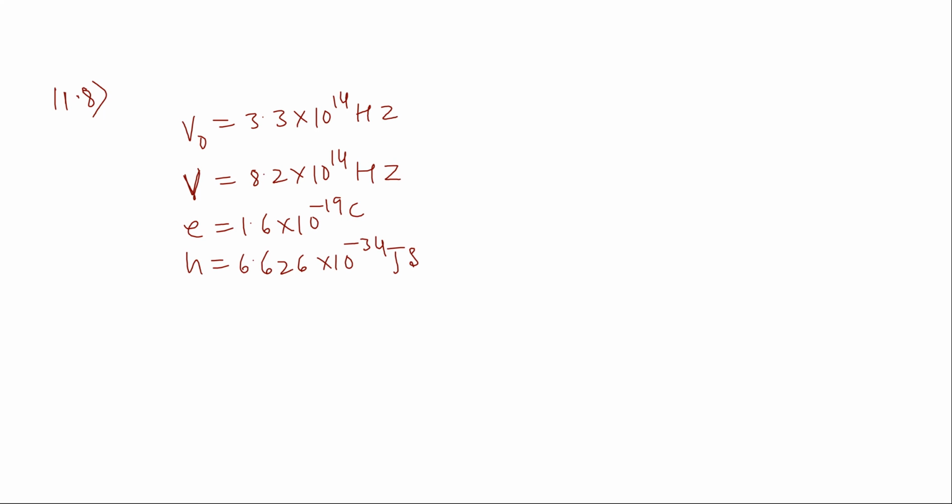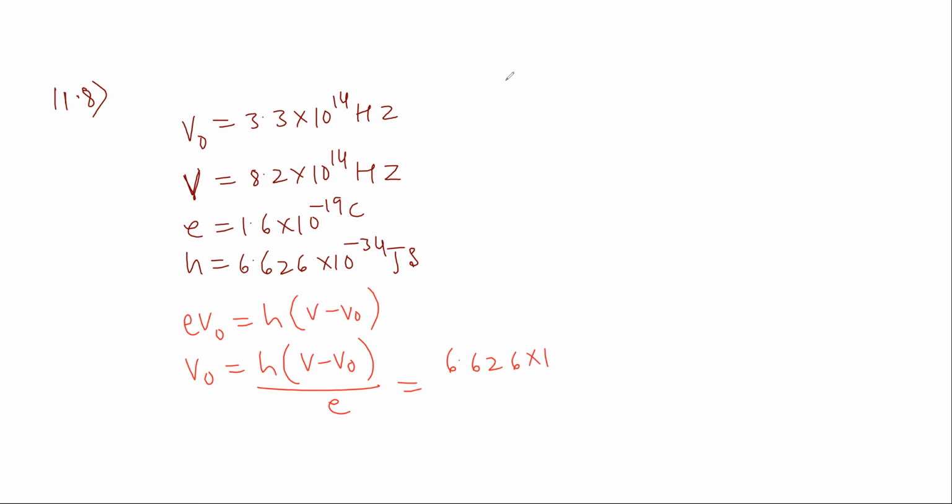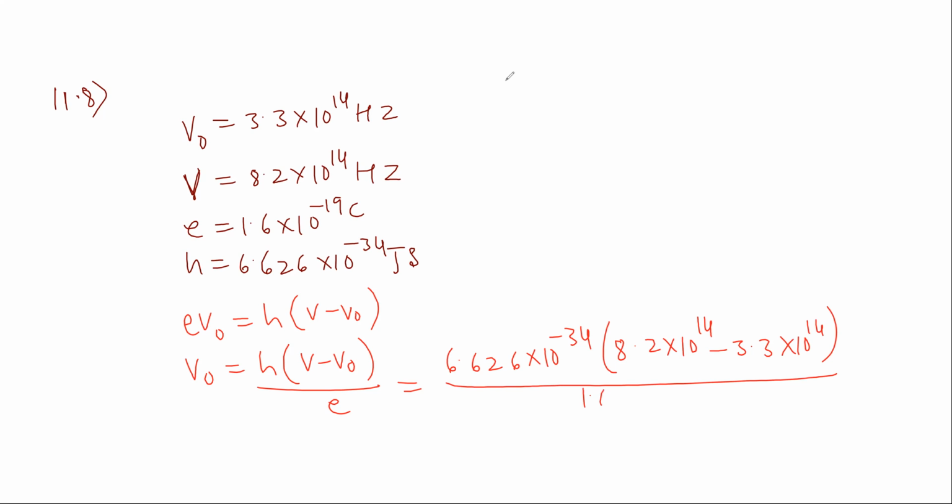The equation of cutoff energy is given by the formula E into V0 is equal to h in the bracket nu minus nu naught. So we need to find the V0 value: h into nu minus nu naught, divided by E. Substitute all the values. h value is 6.626 into 10 to the power of minus 34, into the frequency nu minus nu naught, 8.2 minus 3.3, into 10 to the power of 14, divided by the E value 1.6 into 10 to the power of minus 19.